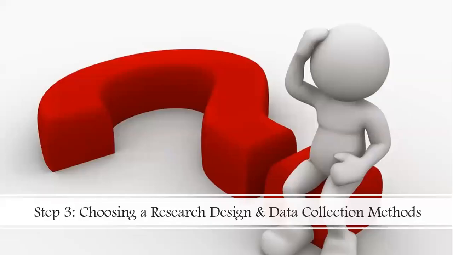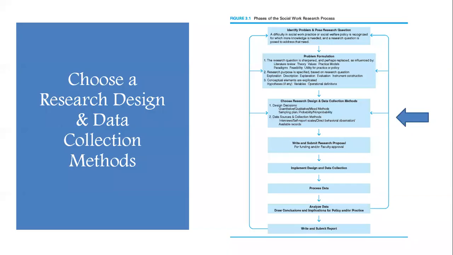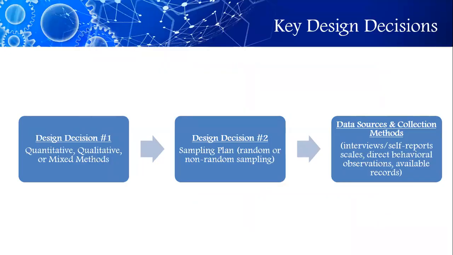Now let's talk about step 3, which involves choosing a research design and data collection methods. So we are now here in our diagram. Here are some of the key decisions that I had to make in terms of choosing a research design. The first decision was, will I go with a quantitative, qualitative, or mixed methods design?